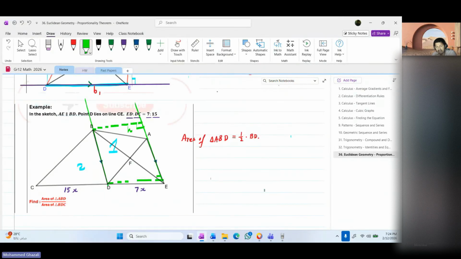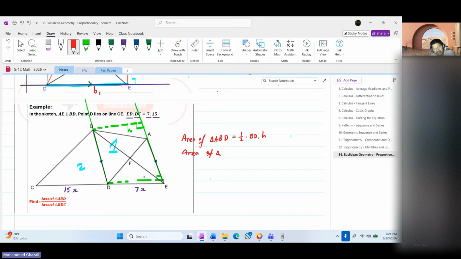So we got half BD times height. Where's another triangle that is sitting on this same base over here? We have half the area of triangle ABD, then EBD.